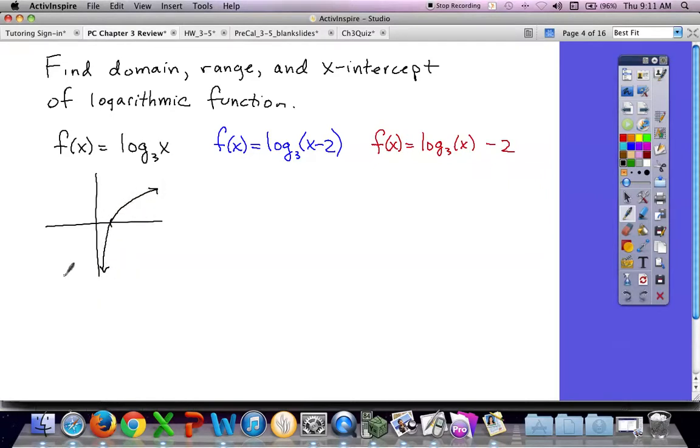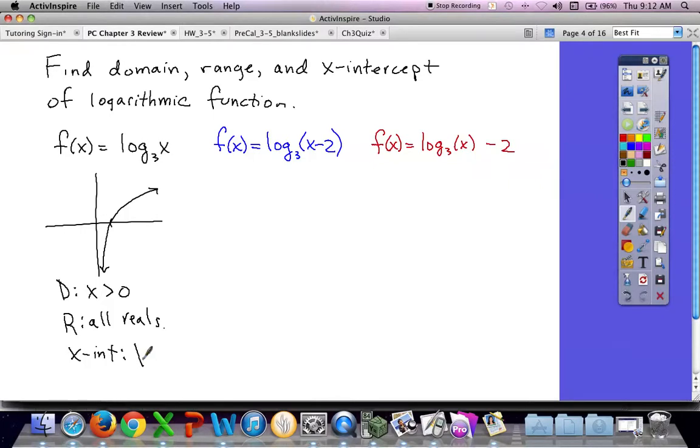The domain is x greater than 0. The range is all reals. The x-intercept is, what is that point? It's 1.